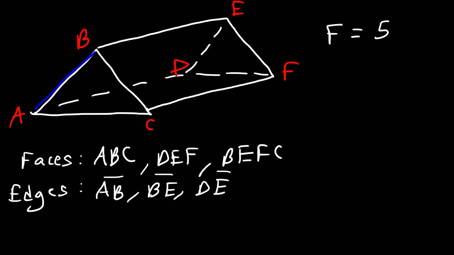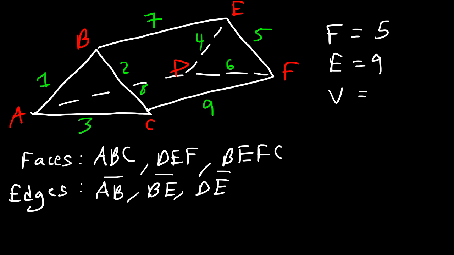So let me write them. AB is 1, BC is 2, AC is 3. DE is 4, EF is 5, DF is 6. BE is 7, AD is 8, CF is 9. So I calculated a total of 9 edges.